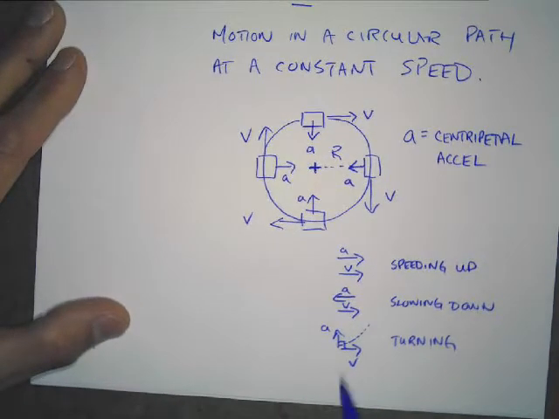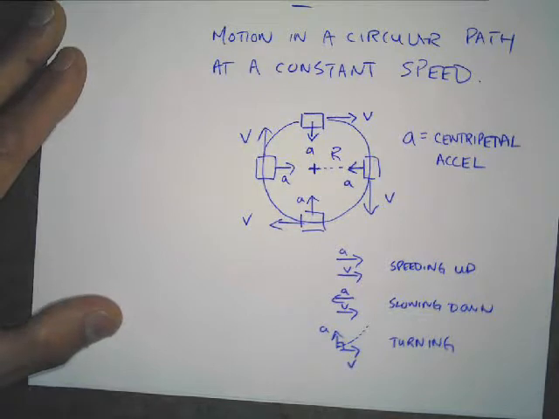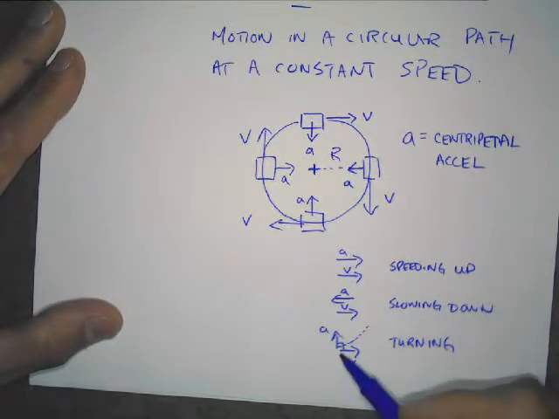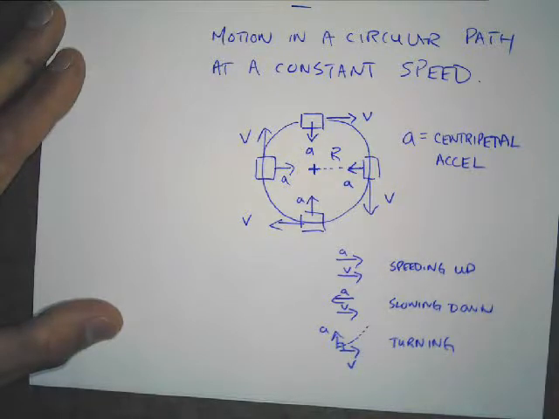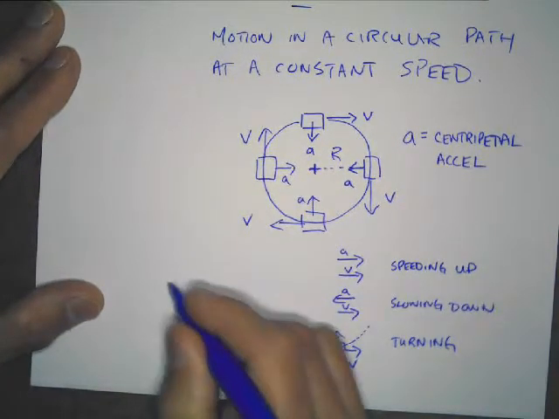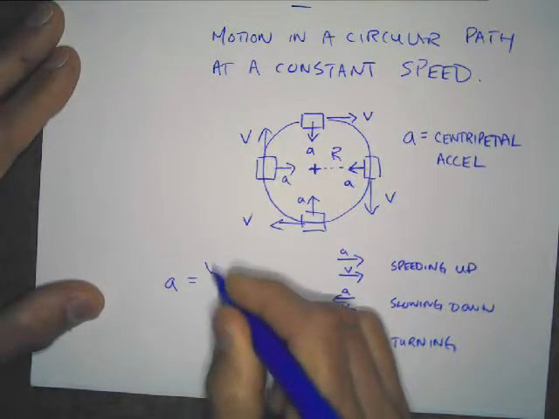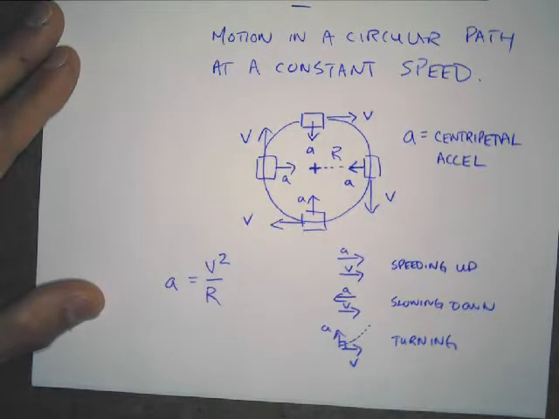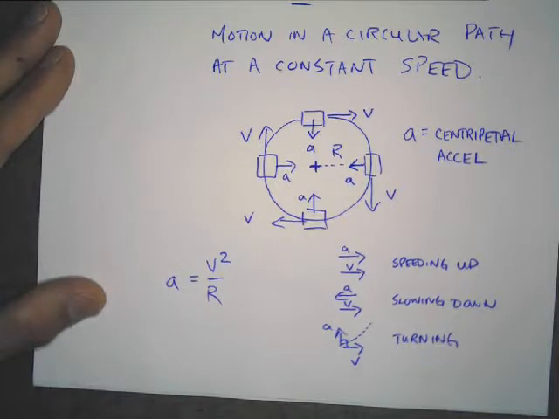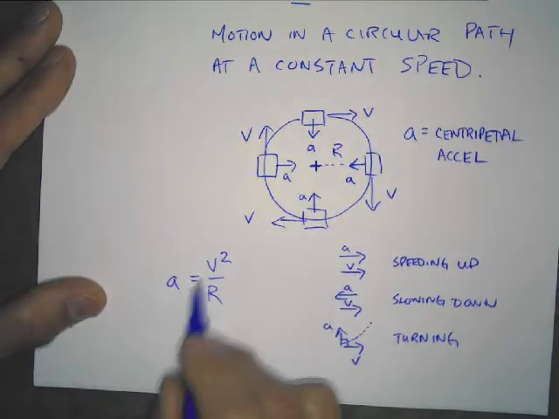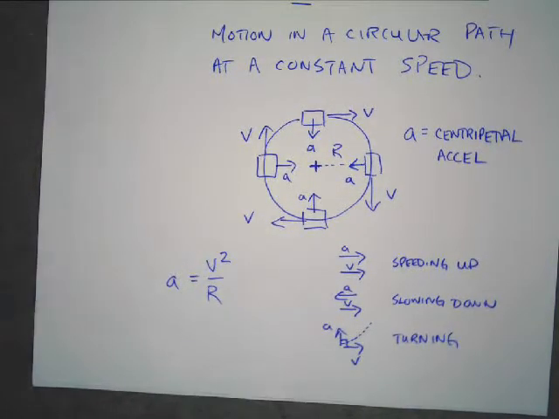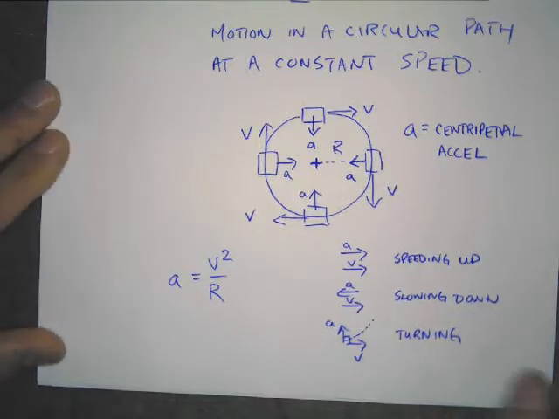So in this video, what I'm going to do is first of all, lay out that argument that centripetal acceleration is perpendicular to velocity, so you won't have any change in speed. And I'm also going to derive a pretty famous formula for centripetal acceleration, which states that centripetal acceleration is equal to the velocity of the object squared divided by the radius of its circular path.